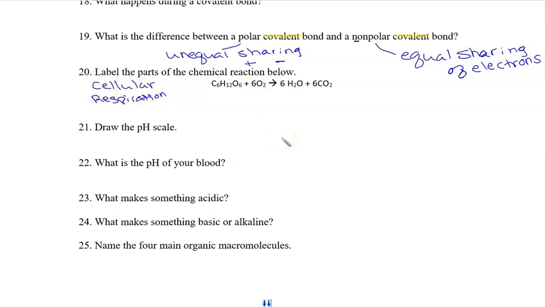Some of you, not having had chemistry, don't know your parts. This side over here is always known as the reactants, and this side over here is known as the products.